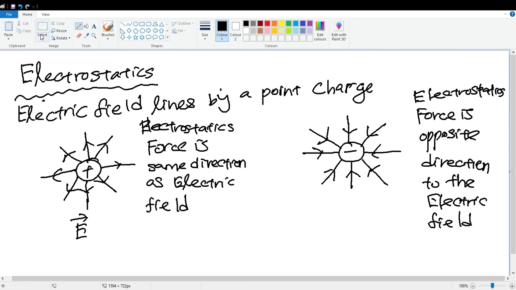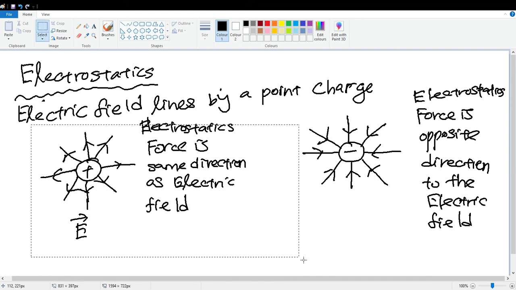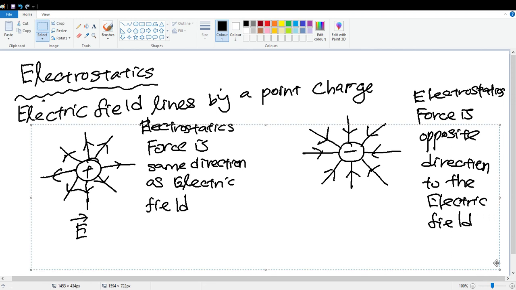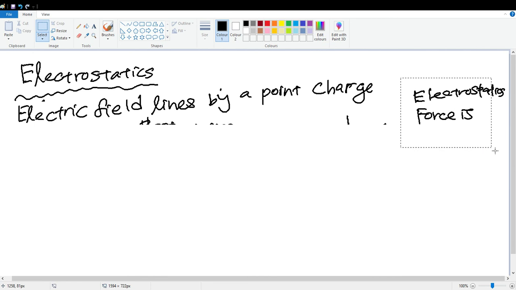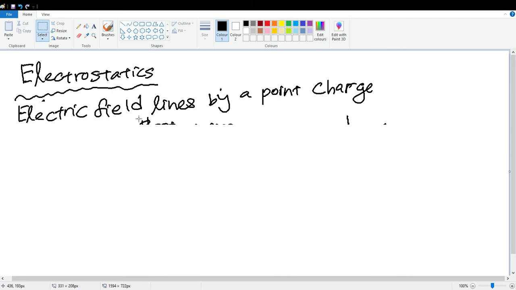Okay, so this is in the form of individual charges. What if two charges are interacting? Let me erase this one. What if two different charges are interacting?